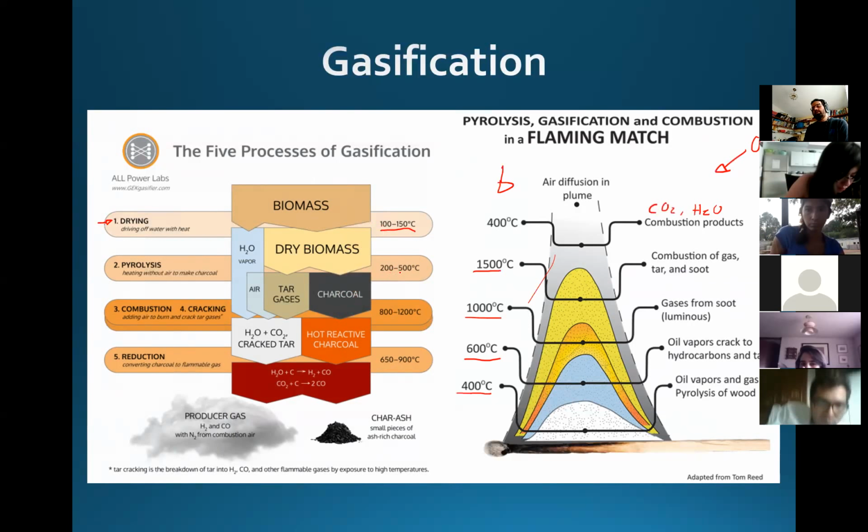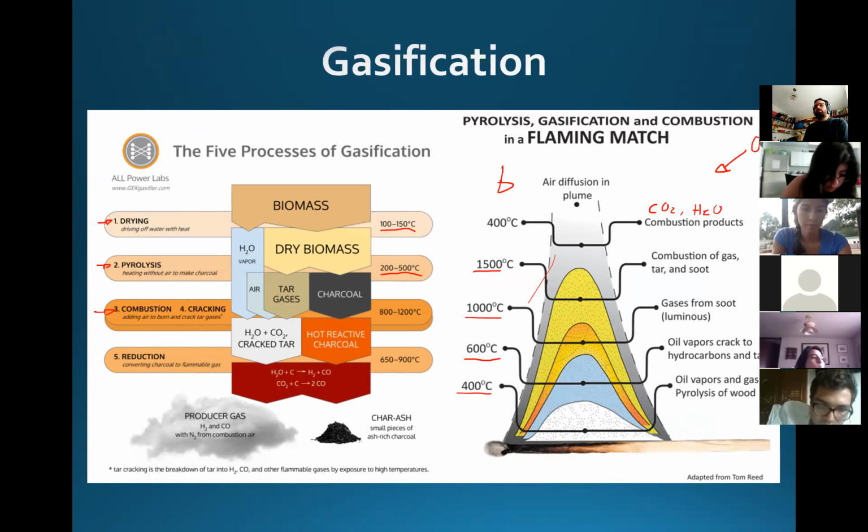The pyrolysis process is the second step, around 100 to 500 Celsius. And then we're going to produce charcoal and tar and gases, and those gases are going to combust. We're going to have a place in the device that allows the combustion, so we're going to have more oxygen in that particular place, okay?